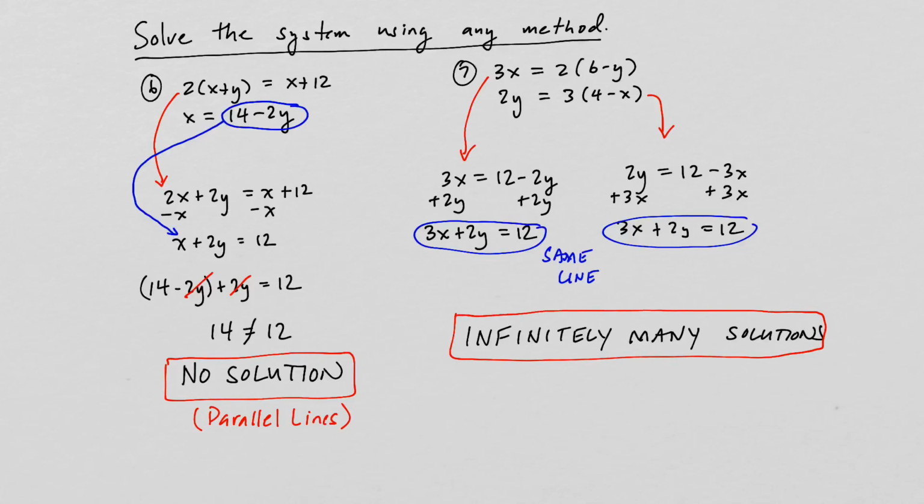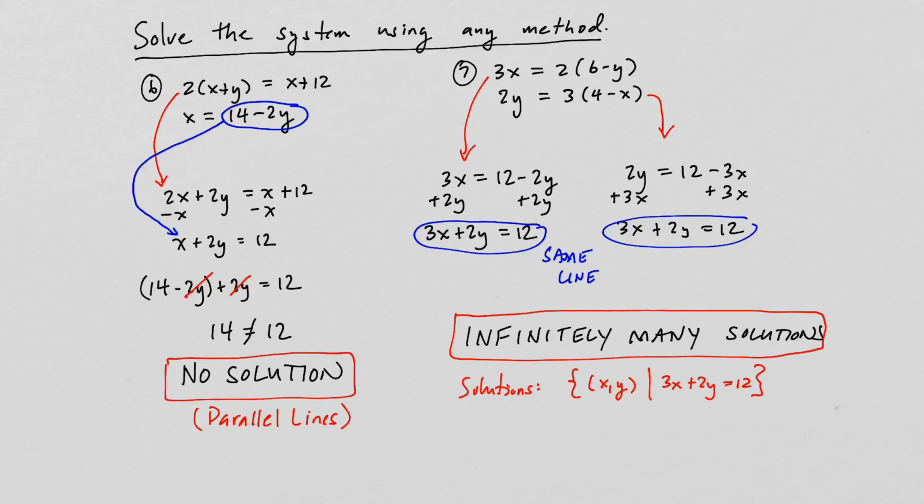And the way you can represent that answer is the solutions to this system is a set of all points x and y such that 3x plus 2y must be equal to 12. And essentially what you're saying here is the solution is all the points on the line. And I say the line because there's actually two lines here, but they are the same line when you graph them.